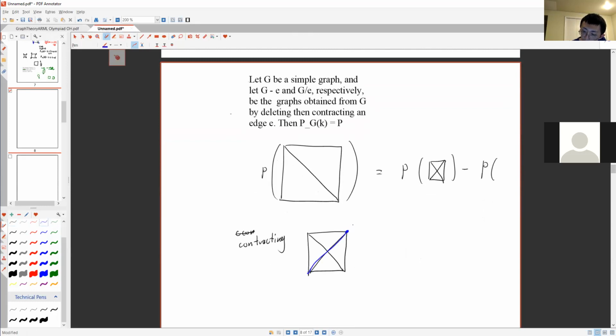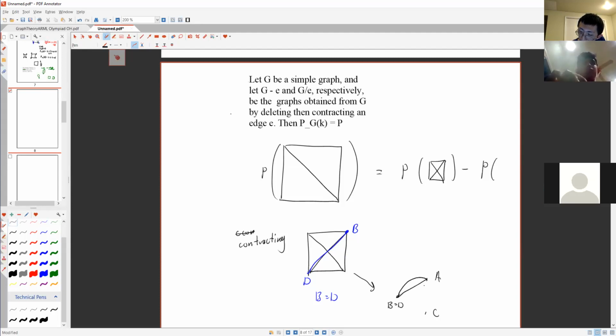That means I move vertex B onto vertex D, and I just make the edge shorter and shorter until it disappears, until B equals D. So after the contraction, this is B equals D, and then you have the other 2 vertices. And you don't remove any of the edges, so there's a double edge between C and the contracted vertex.